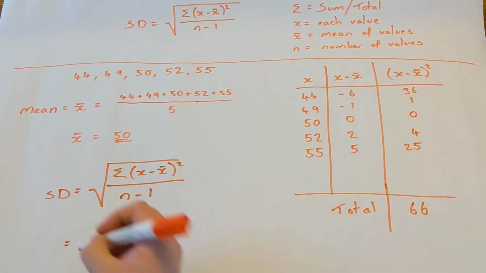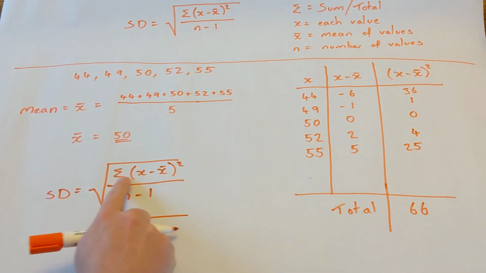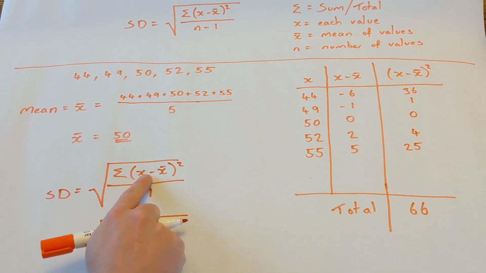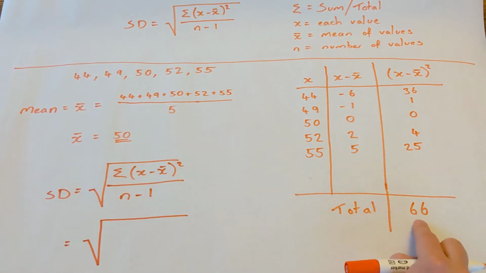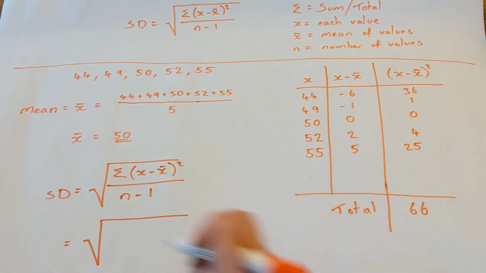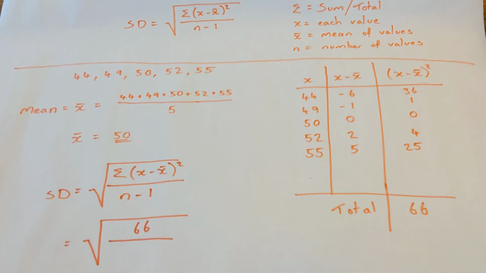So, let's start filling it in. This top line, that was a total of the values take away the means squared, which is exactly what this number is here. So that means 66 goes up here on the top line. Now this bottom line, that's n take away 1.